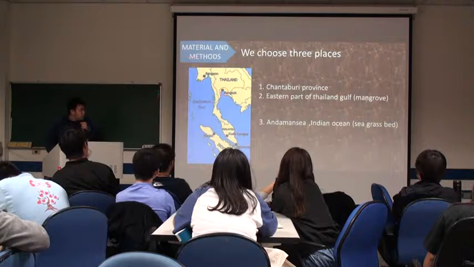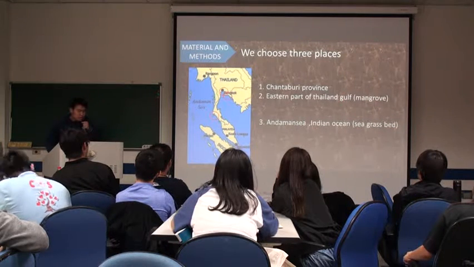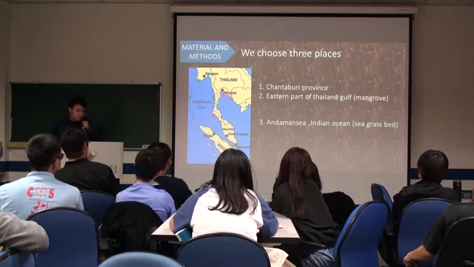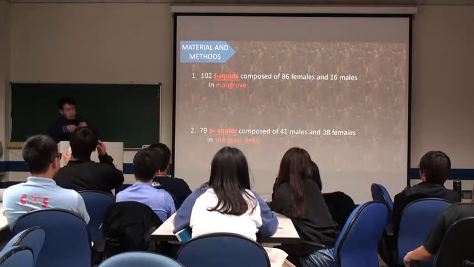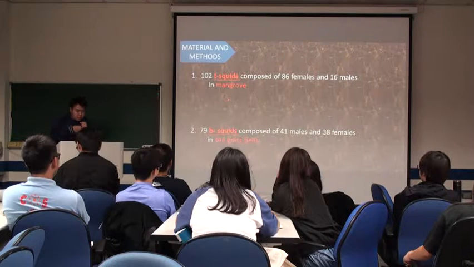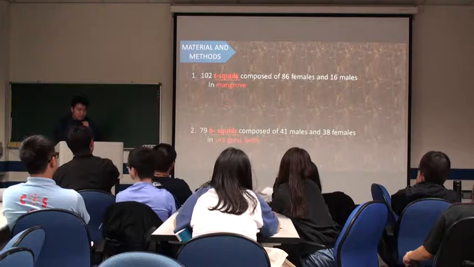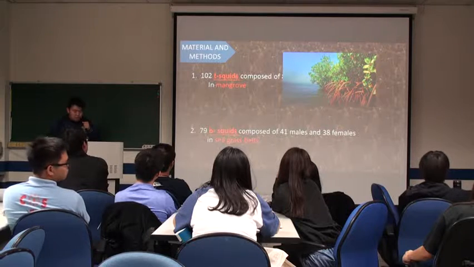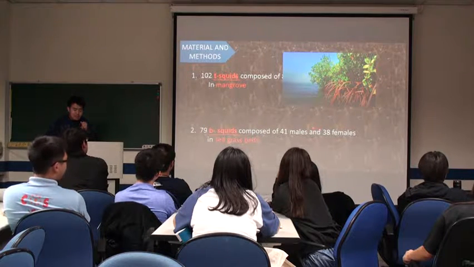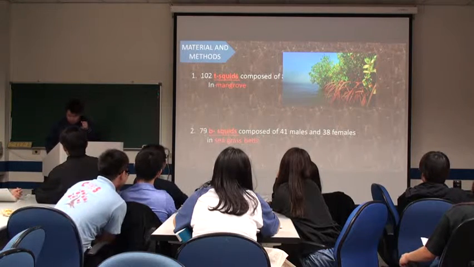So we chose these 3 places to get these 2 species of squid. 1,023 squids composed of 86 females and 60 males were in the mangrove, and 79 squids composed of 41 males and 38 females were in the seagrass beds.